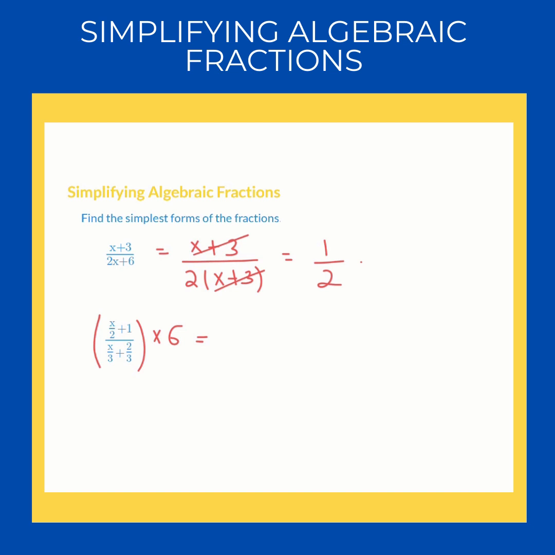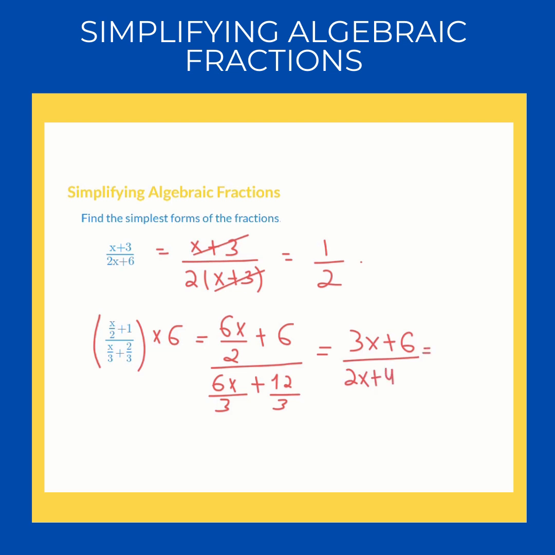So 6 times x over 2 is 6x over 2 plus 1 times 6 is 6, divided by 6 times x over 3 is 6x over 3 plus 6 times 2 over 3 is 12 over 3. So 6x over 2 is 3x plus 6 over 6x over 3 is 2x plus 4.